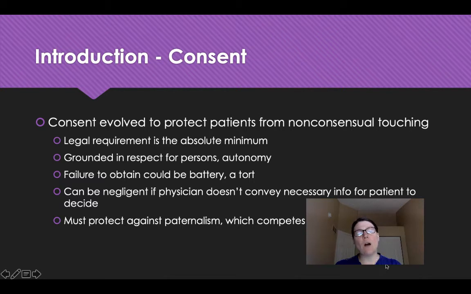If you're a provider and you have failed to obtain informed consent for a procedure, or anything really where you're laying hands on a patient, it could be considered battery. Sometimes people get assault and battery confused, so I'll talk about it quickly. Assault is when you threaten to touch someone in a non-consensual way.